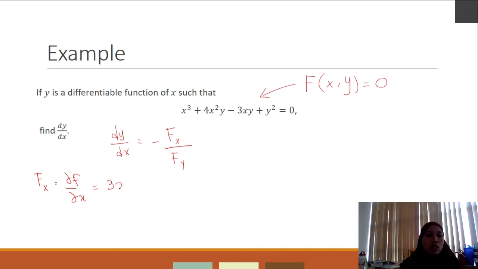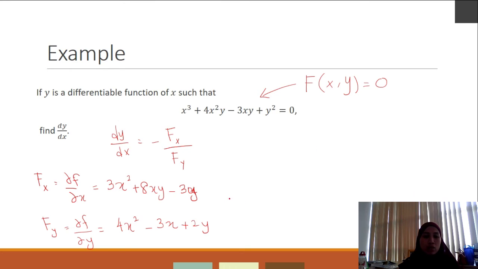So we get 3x squared plus 8xy minus 3y, and the partial derivative with respect to y, we get 4x squared minus 3x, sorry, this one is not 3x, it is negative 3x, sorry, plus 2y.